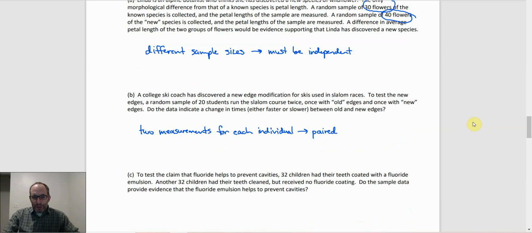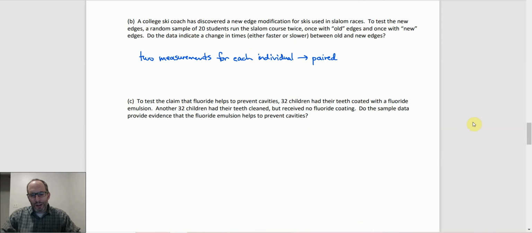And then the third one, this would be the kind of thing you have to watch out for, because you can't just look at the sample sizes. If the sample sizes are different, then yeah, I guess then you can just look at the sample sizes. But when they're the same, it's still possible that you could have independent samples. And that's actually what this is. Because we just have two groups that are totally separate that happen to be the same size.